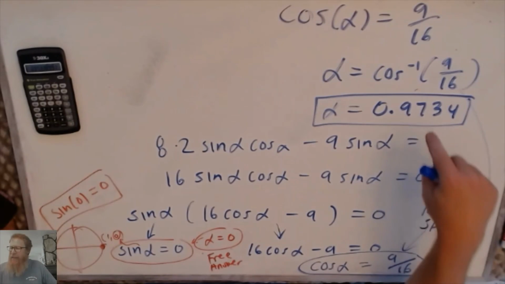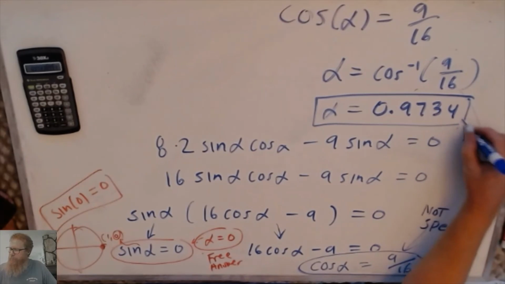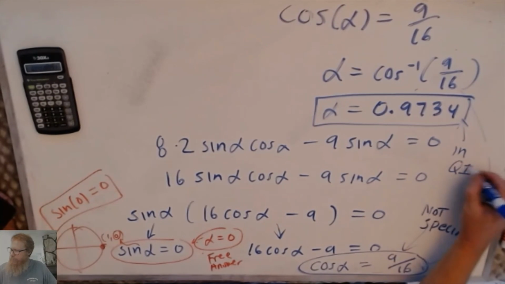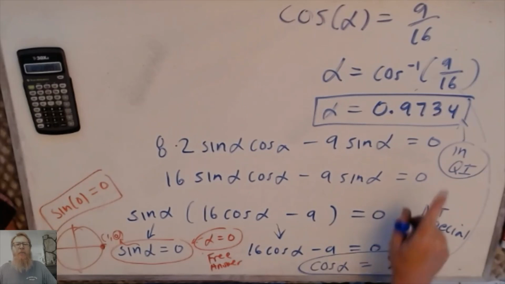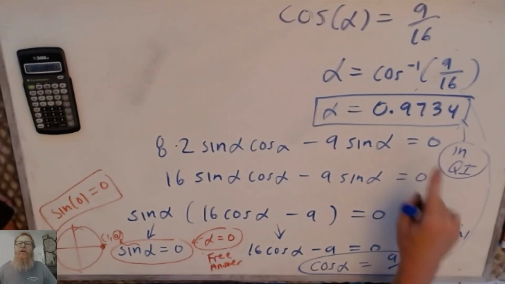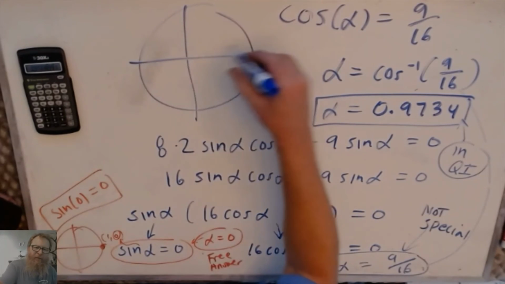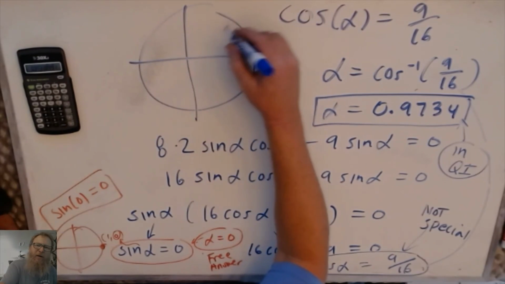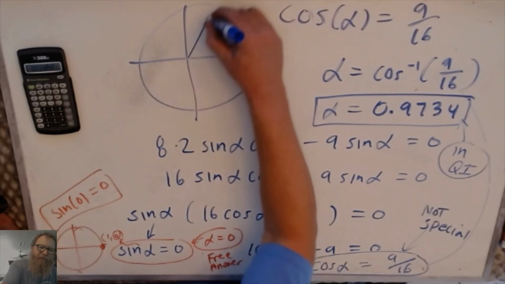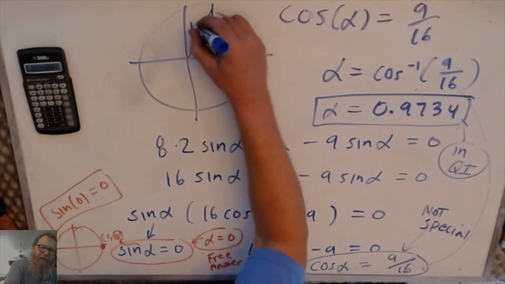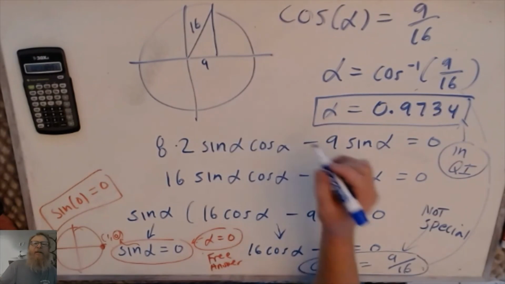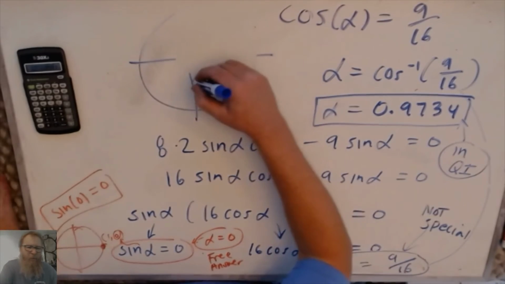Right. Now, that's in quadrant 1. There's another place where cosine would also be 9/16. So right here, you can think of a triangle like this, 16 and 9.